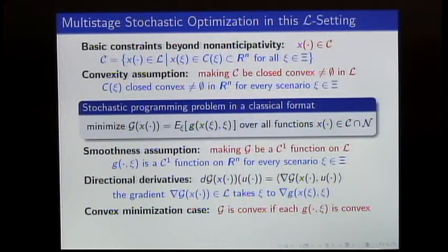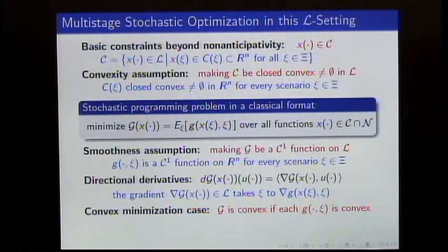Just to make things work better for the talk, I'm going to assume that for each ξ, I have a smooth function. And that will mean that this expected function will actually be a smooth function on my function space L. And being smooth, it has a gradient. How does that work out? Well, it has directional derivatives. It's easy to figure out what that would mean in the setting of the space L. And the gradient will be the element that, as an inner product, will give the directional derivative.